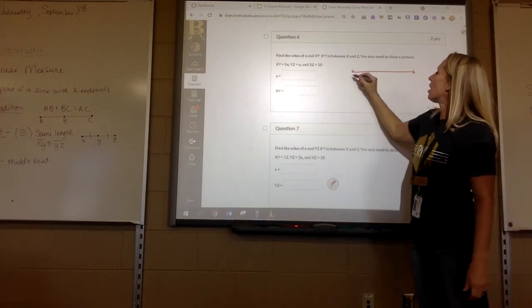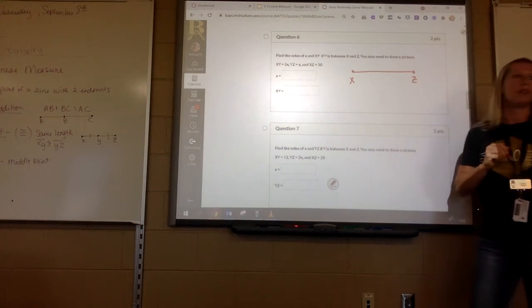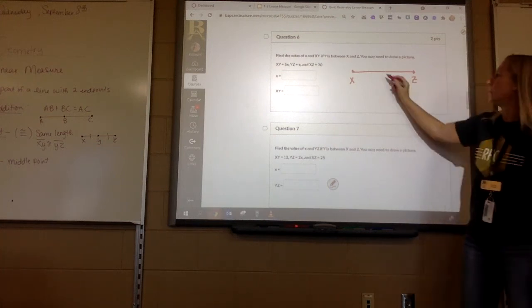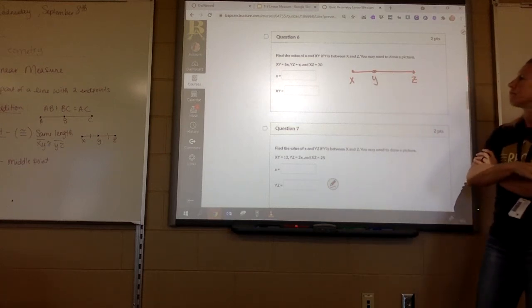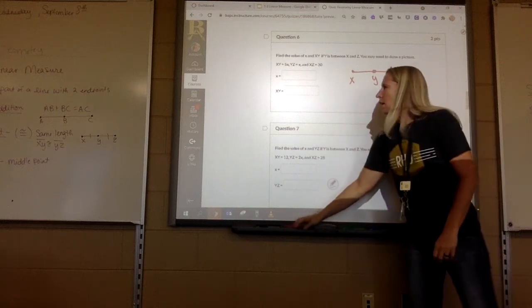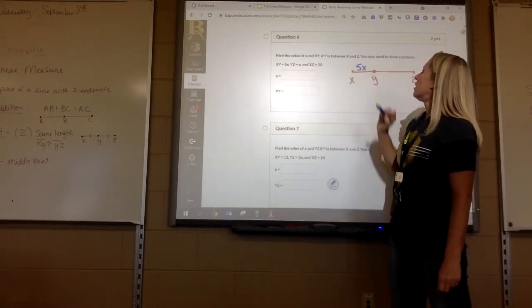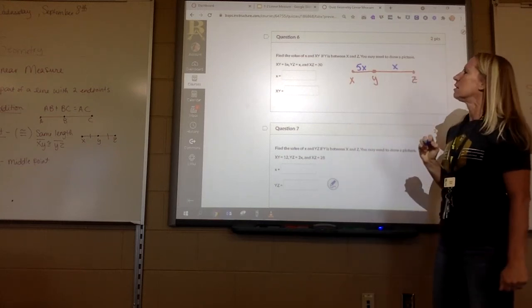On number 6, start by drawing the segment. You'll put X on one side and Z on the other, and Y somewhere between. It does not necessarily mean right in the middle. Then it tells us that XY is 5x, and YZ is x.